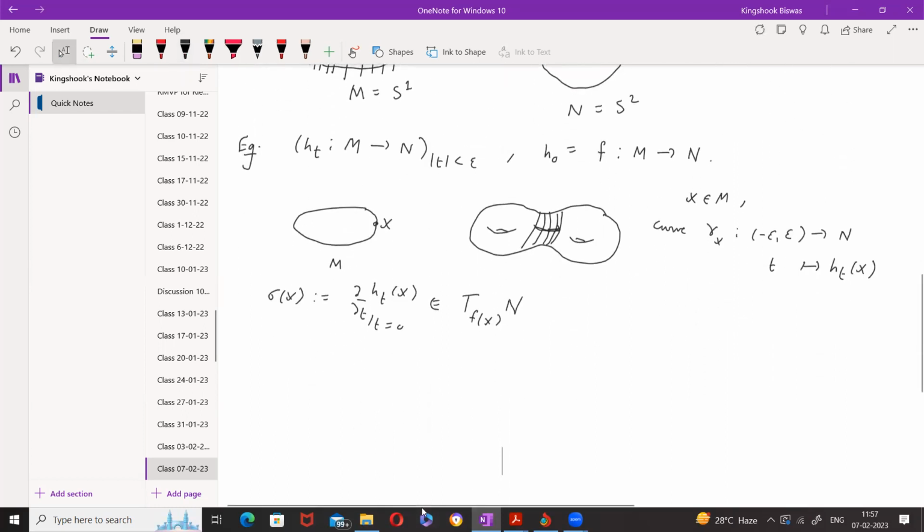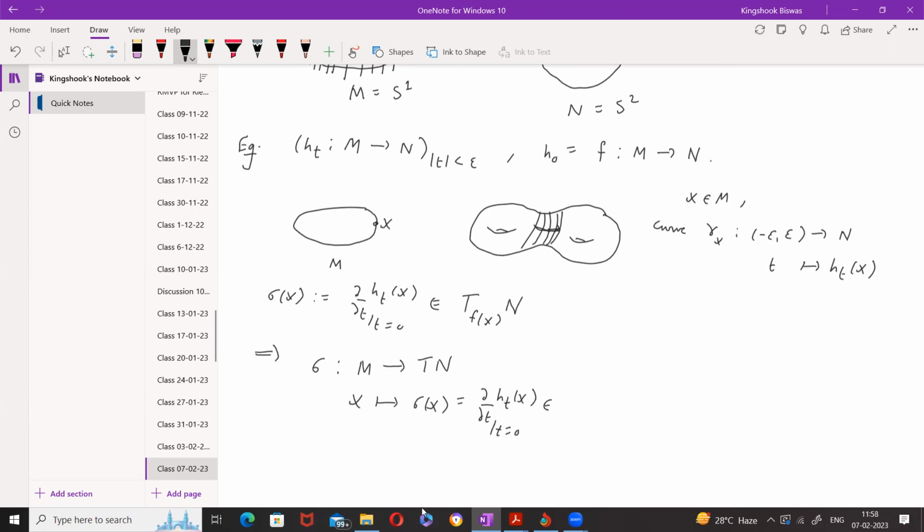So in other words, this sigma is a map from M into the tangent bundle of N. x goes to sigma_x, which is the derivative in t at t equal to 0 of H_t(x).